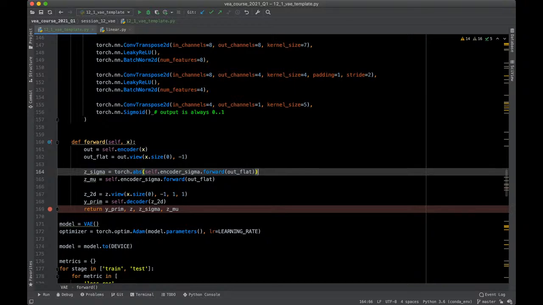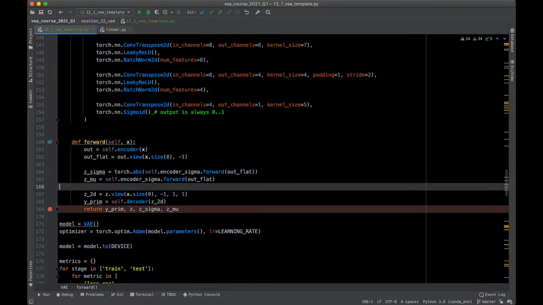So maybe we could have ReLU with some kind of small epsilon. But again, the epsilon will then be the margin, so that will be a hinge loss. It will not help. So anyway, maybe ABS would be okay. But I'm not sure, maybe it will not work as well.